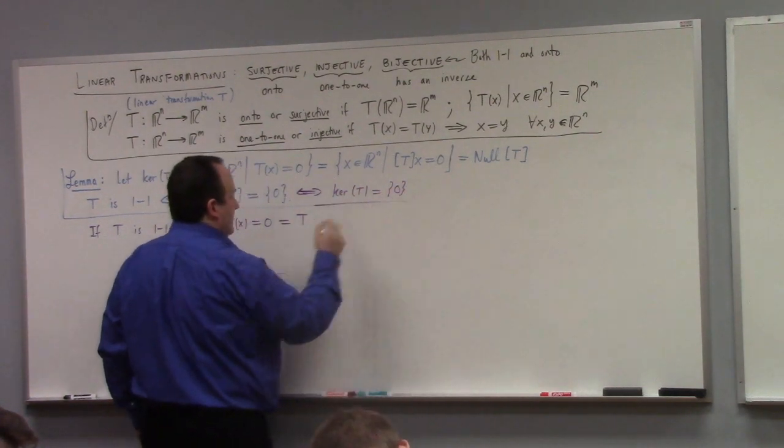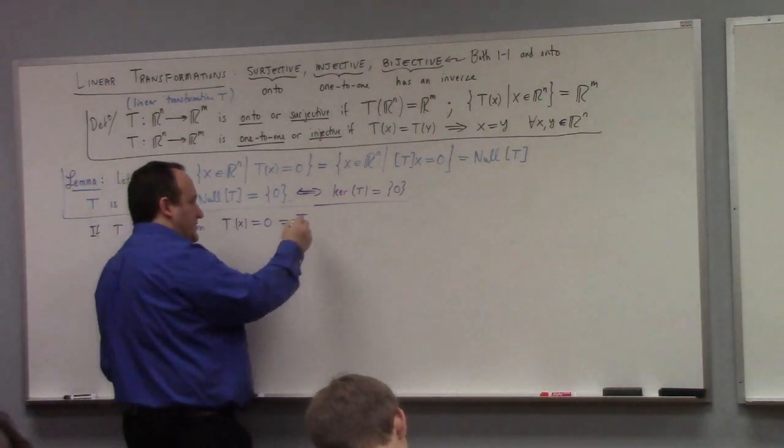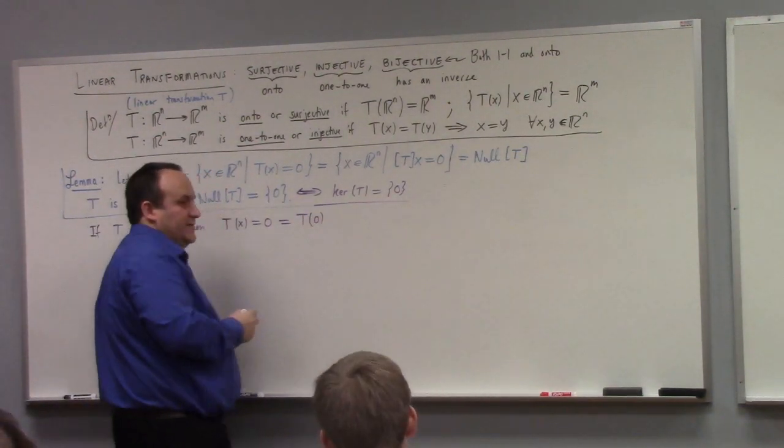Those are one and the same. I'd rather talk about the kernel of T for the sake of this proof because it's like 2 less brackets to write. I'm mostly joking. So T of x equals 0. What's 0 equal to? Well, 0 is also T of 0, right? Do you guys agree? 0 maps to 0 for a linear transformation?